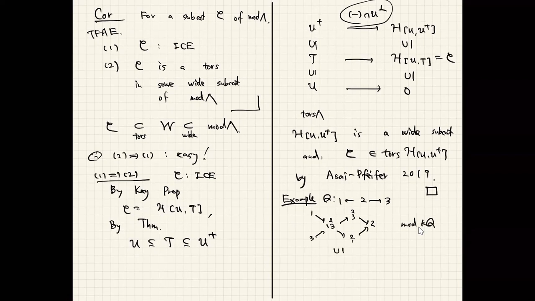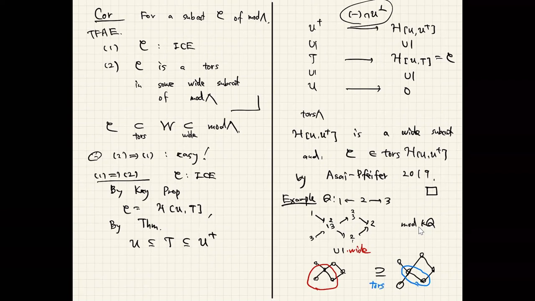Inside of this, for example, this is a wide subcategory. And inside this wide subcategory, this is a torsion class.